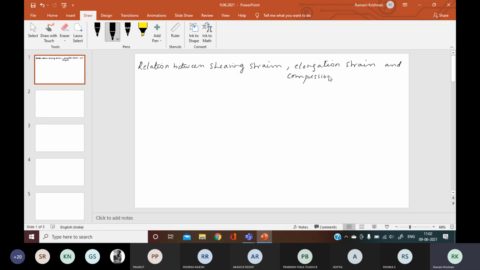Isn't it? This is the topic which I have taken yesterday. We have seen the relation between shearing strain, elongation strain and compression strain. Now, only if you are concentrating on the screen, you will be able to understand.